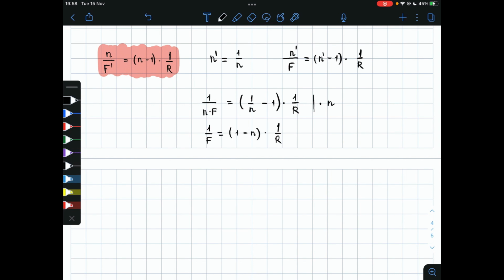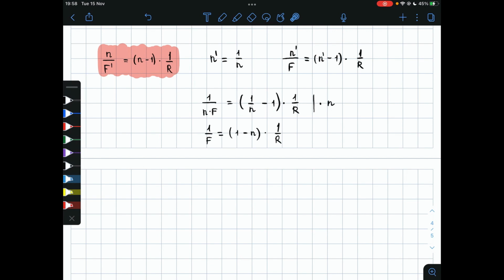So 1 over f is D, the optical power of the lens, but we see that here 1 minus n is a negative number. Does it mean that the focal point of our lens is a negative number?